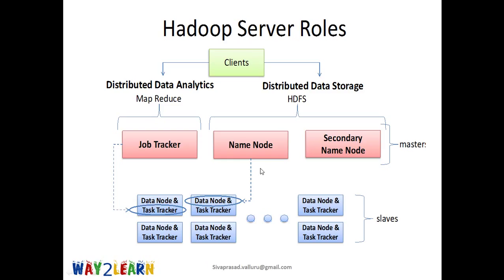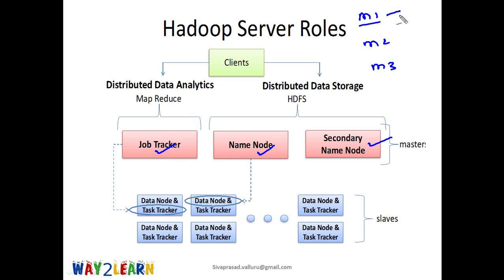We also have discussed that there are daemons running on your cluster. On the master machine there will be 3 daemons: job tracker, NameNode and secondary NameNode. Remember one thing, there need not be a single master, there can be 3 masters, master 1, master 2, master 3 machines.